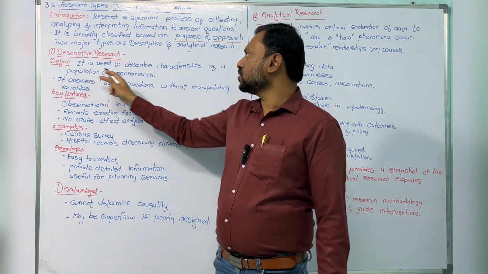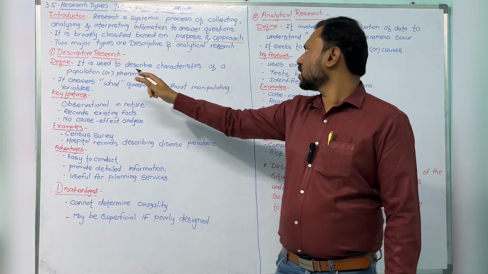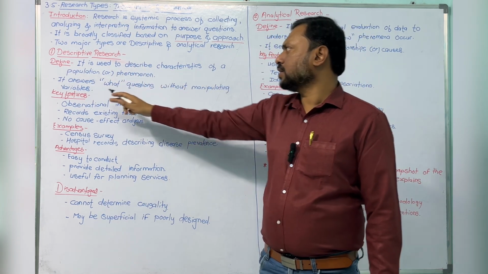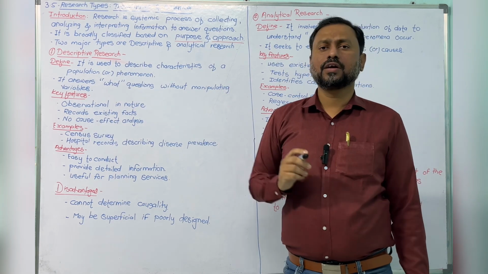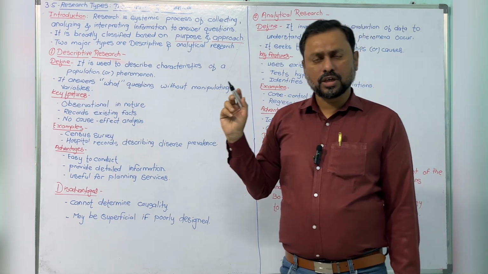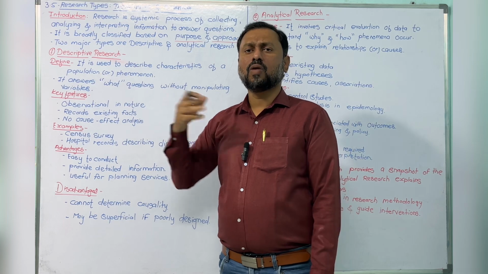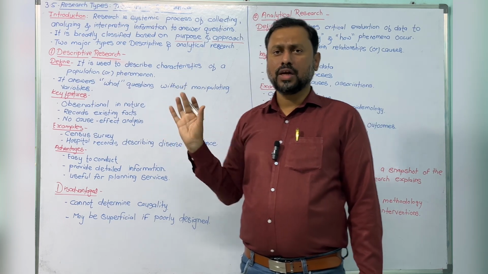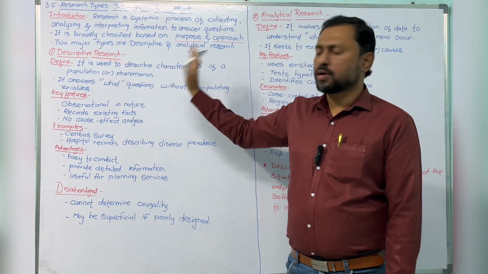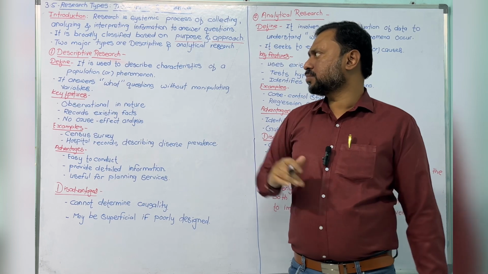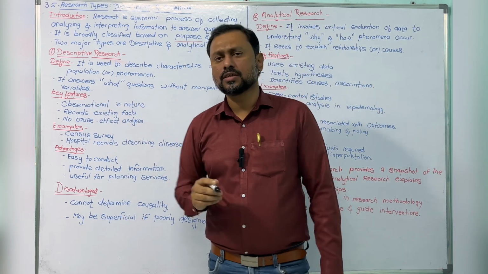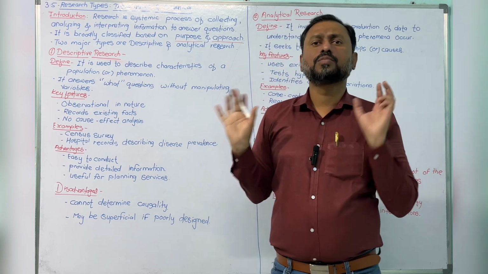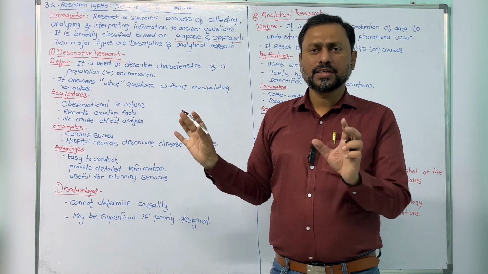The definition is, it is used to describe the characteristics of a population or phenomena. It answers what questions without manipulating variables. It means we are only collecting information on what is happening in this descriptive research. The key features: it is observational in nature. It means we are only observing what is happening.